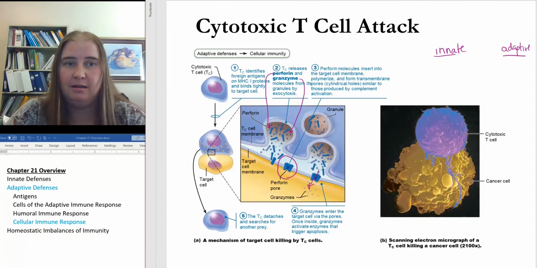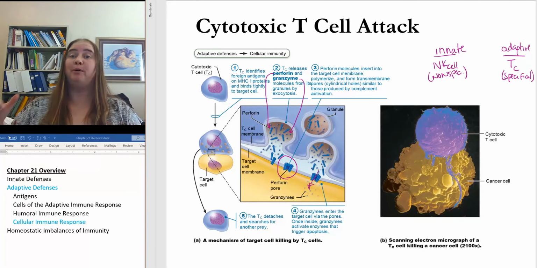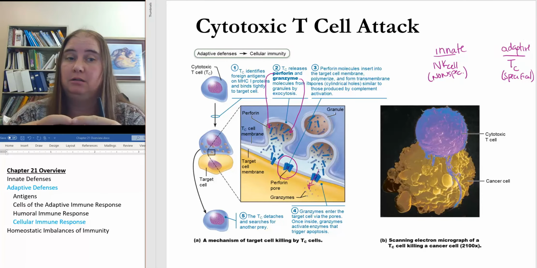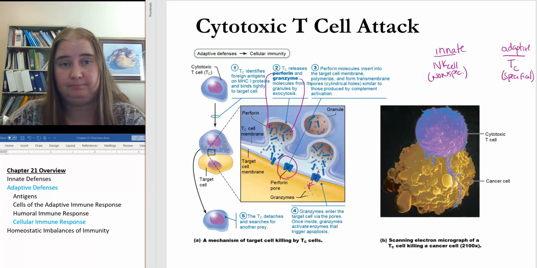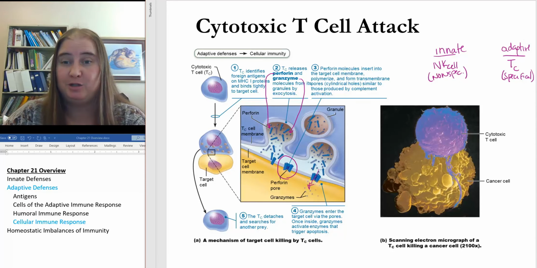Here we have our natural killer cell, and here we have our T cytotoxic cell. This does it non-specifically, i.e. it doesn't care what the antigen is. This does it specifically. Now, their mechanisms of action are a little bit different, but essentially both of their goals are to kill cells that have become infected. So that completes our cellular immune response.